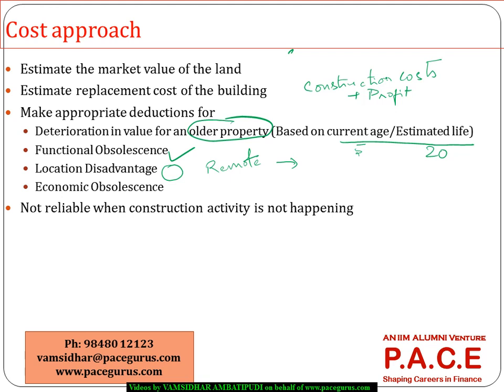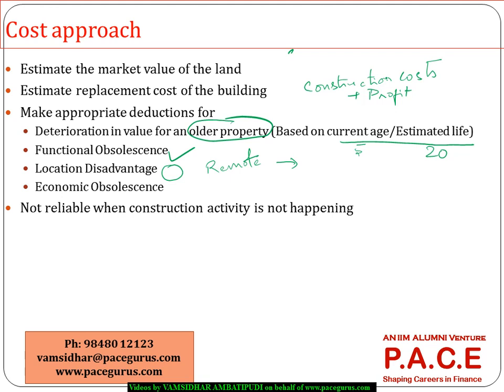So the value loss corresponding to that has to be deducted accordingly. And any other economic obsolescence that can come out, basically when we are talking about the current economic conditions, that kind of a building may not be feasible for construction.